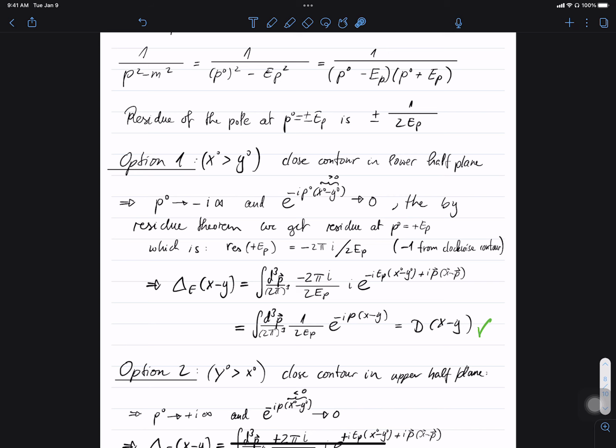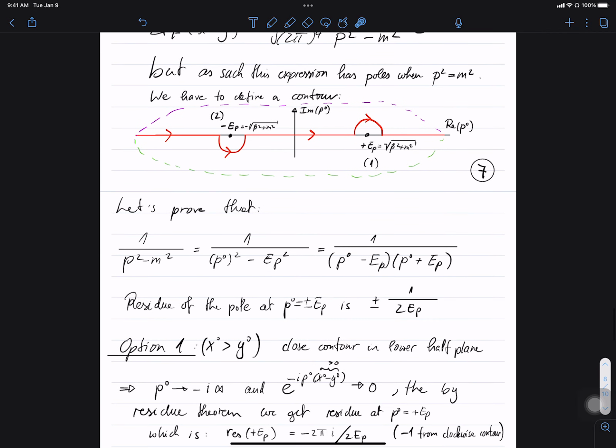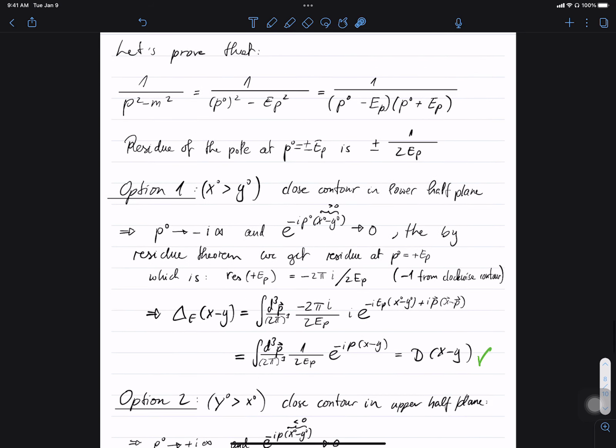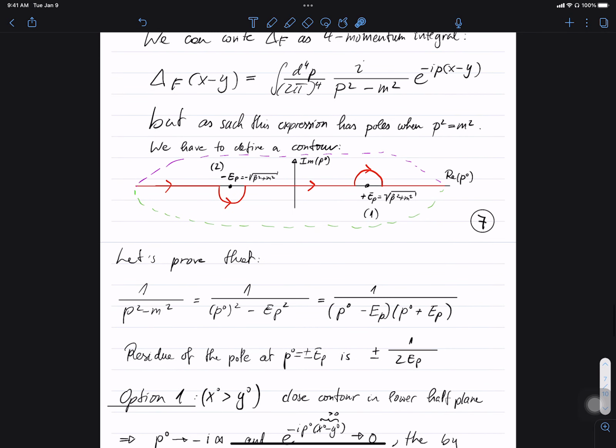First, we can check the option that x naught is bigger than y naught. And now we can close the contour in the lower half plane here, option 1. We go and integrate along this contour, closing it here. And so now p naught at infinity goes to negative i infinity here and here.